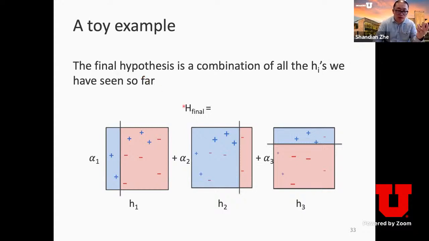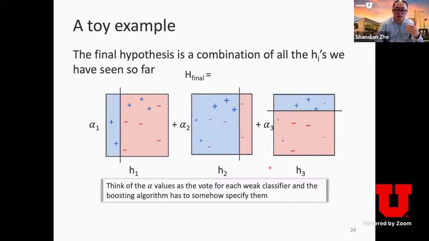A straightforward way is just to perform a linear combination of the predictions made by H1, H2, and H3, and the weights of that combination are denoted by alpha 1, alpha 2, and alpha 3. In other words, we can view alpha 1, alpha 2, alpha 3 as votes: the vote for H1 is alpha 1, for H2 alpha 2, for H3 alpha 3.